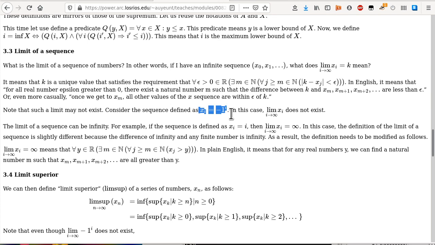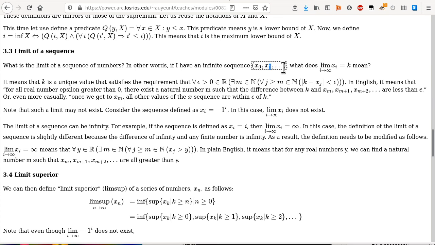So x of 0, let me just go back to here, is asking how much time it takes to run the algorithm when the problem size is 0. x of 1 is asking how much time it takes to solve the problem when the size of the problem is 1. So x of n is asking how much time it takes to solve the problem when the size of the problem is n.